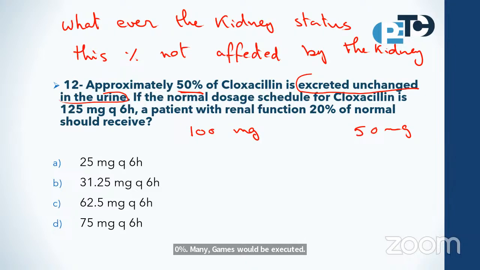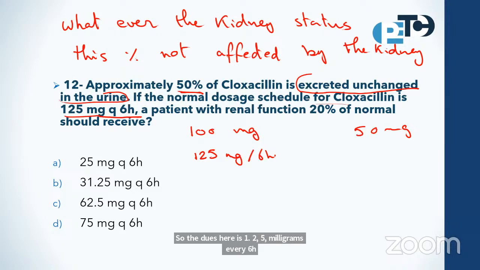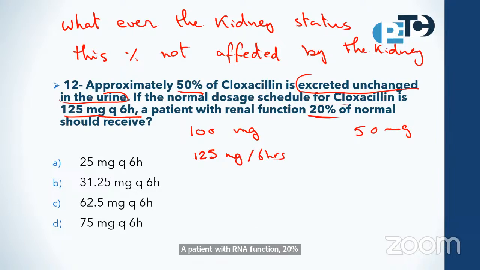If the normal dose schedule is 125 milligrams every 6 hours, a patient with renal function 20%, what is the dose in this case?